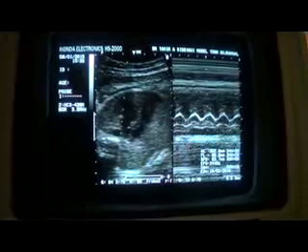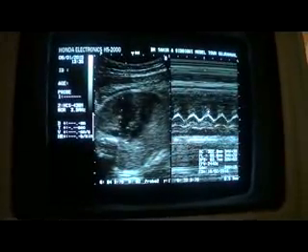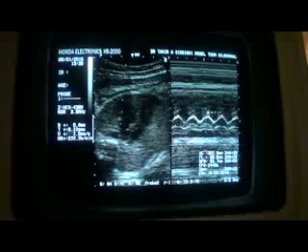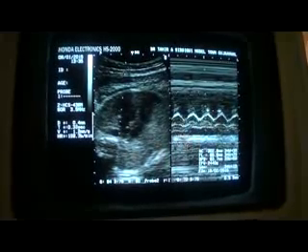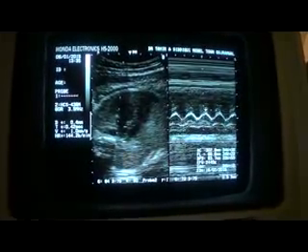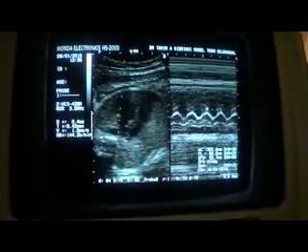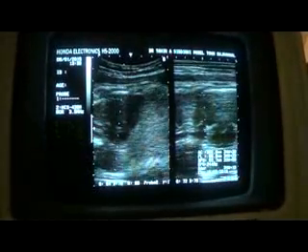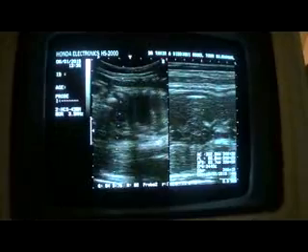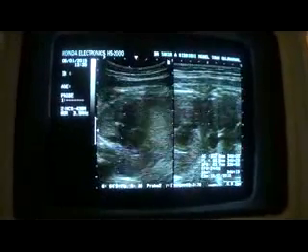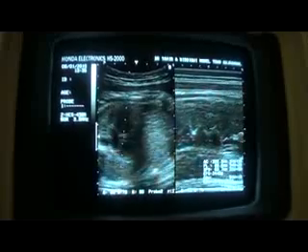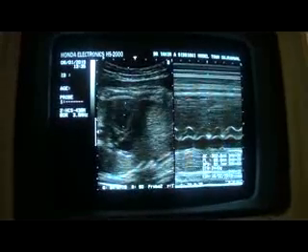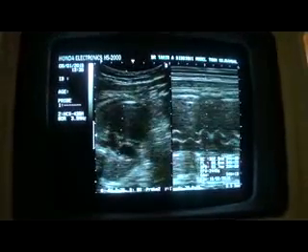Now, if I measure it from here, then the rate is again about 144 beats per minute. So a variation may occur, averaging approximately 5 beats per minute.